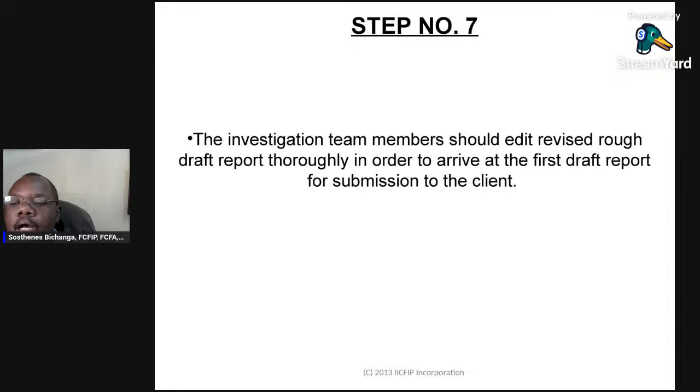Therefore, a well done investigation without a good report is useless, because it is like a well dressed person who is without the head. What purpose will such a person serve?